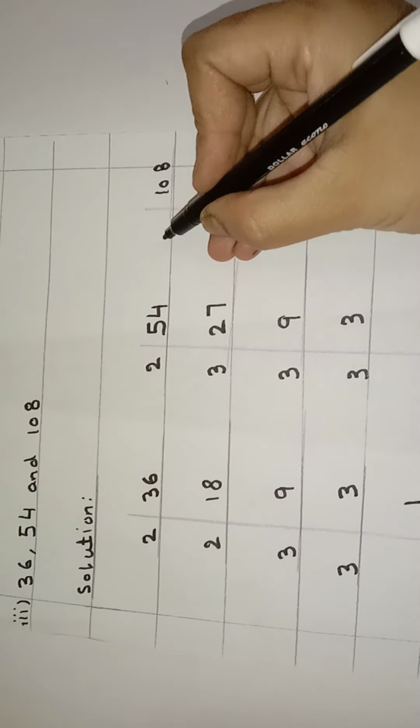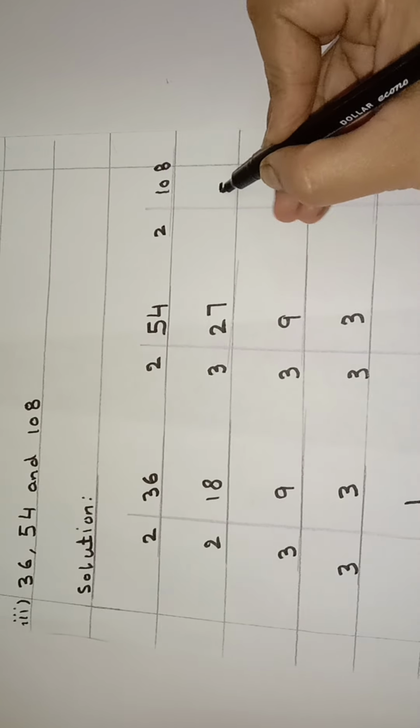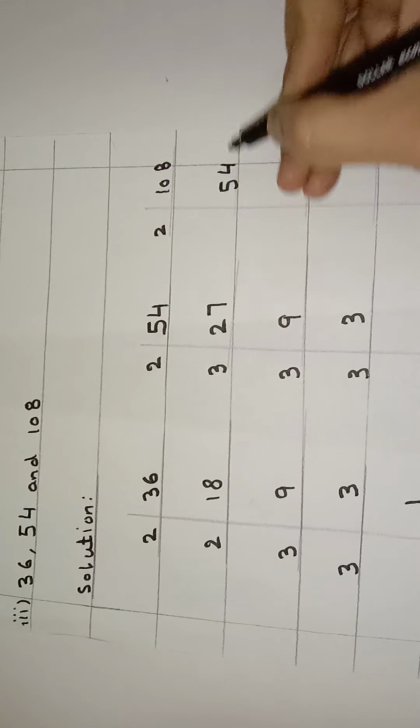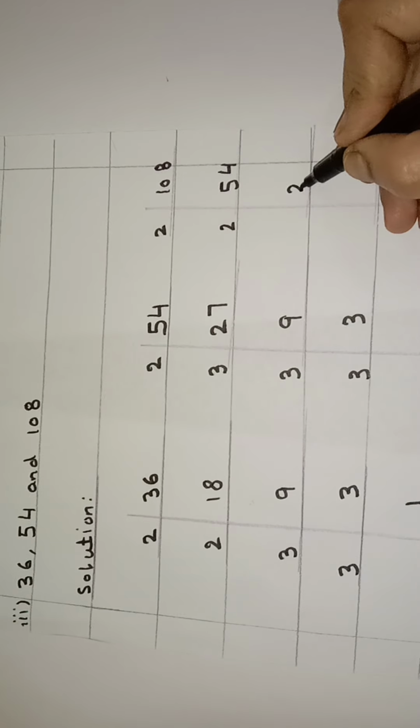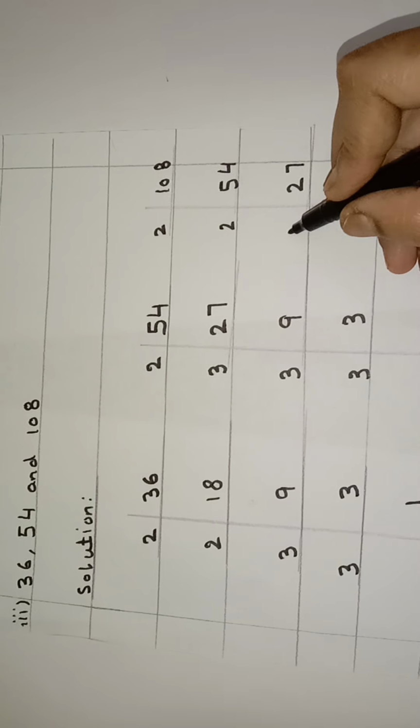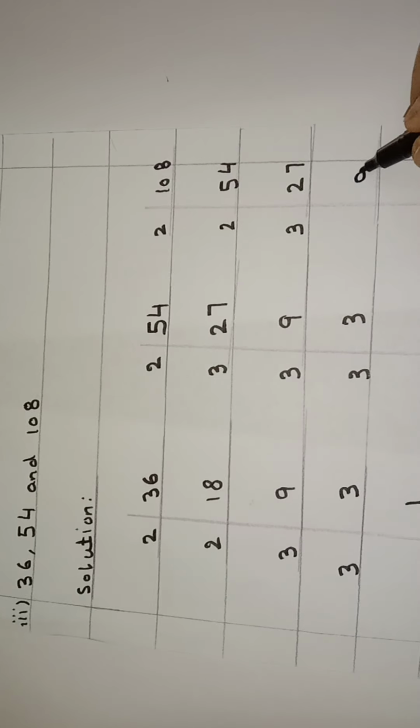The last digit is even, so start with the 2 table. 2 fives are 10, 2 fours are 8, 2 twos are 4, 2 sevens are 14, 3 nines are 27, 3 threes are 9, 3 ones are 3. So these are the factors of 36, 54 and 108.